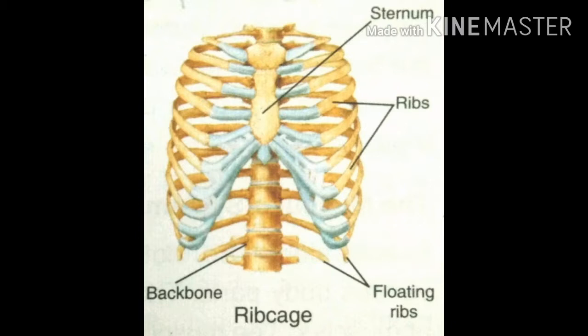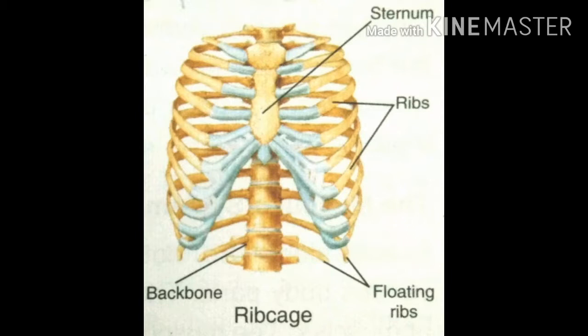See this one. The 10 pairs of bones are joined to the chest bone, or sternum, and also joined to the backbone. These 10 pairs we call true ribs. And see, the remaining 2 pairs. Each side has 2 bones, totally 4 bones.